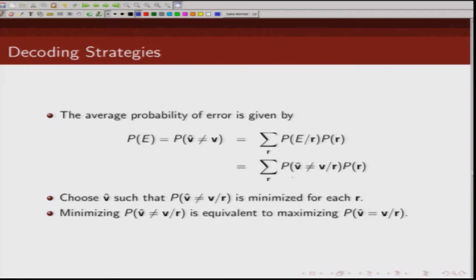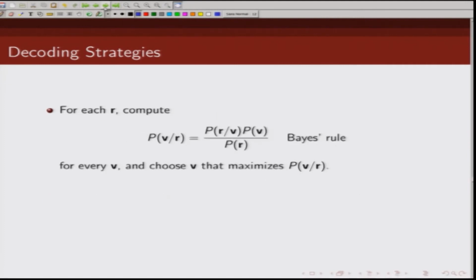Now, minimizing this term is the same as maximizing this term, correct. Minimizing the probability that V hat is not equal to V given R is equivalent to maximizing the probability that V hat is equal to V given R. Okay. So, we have to maximize this.